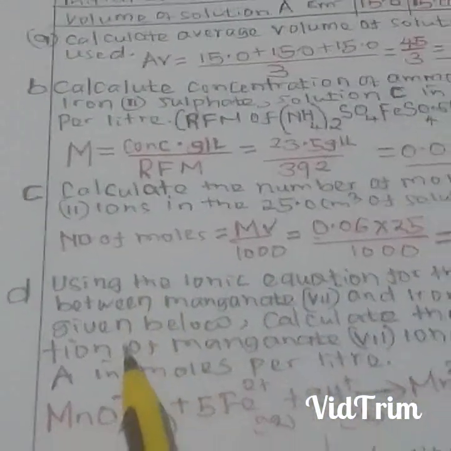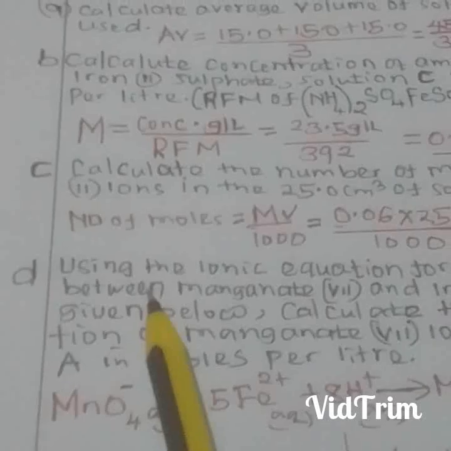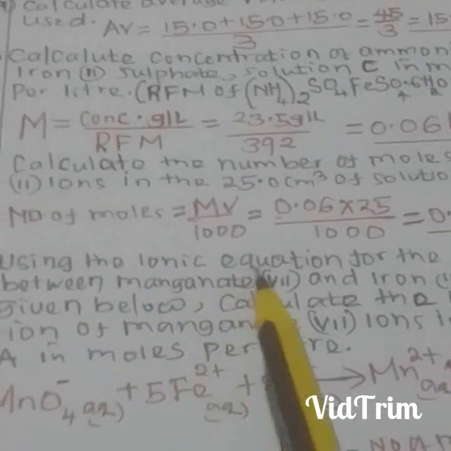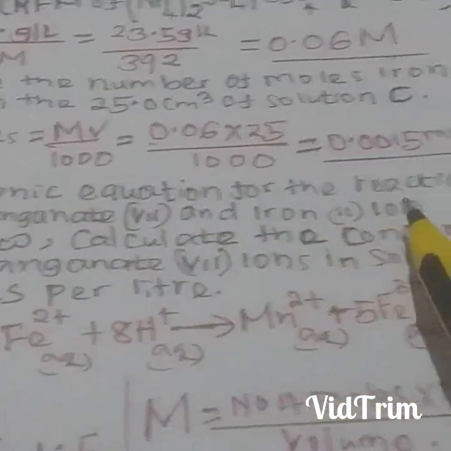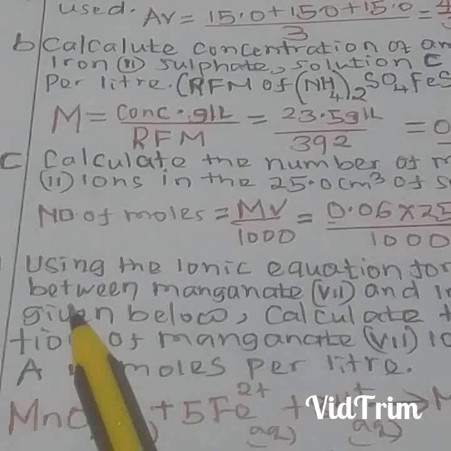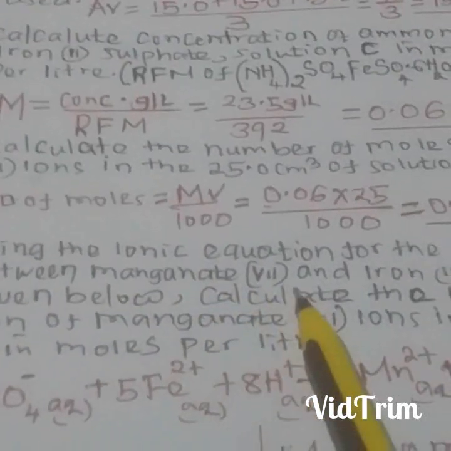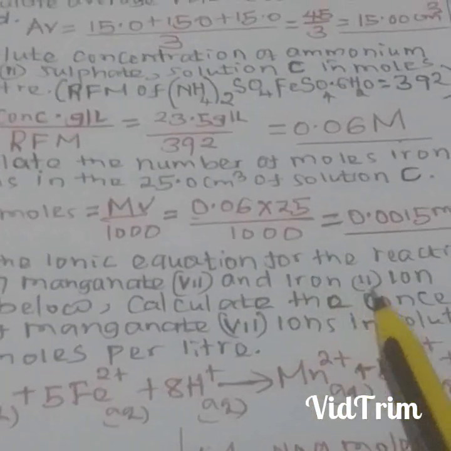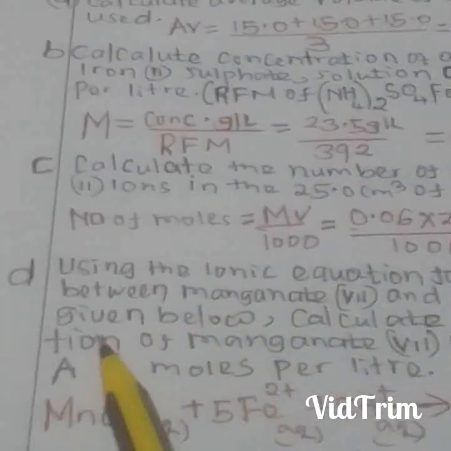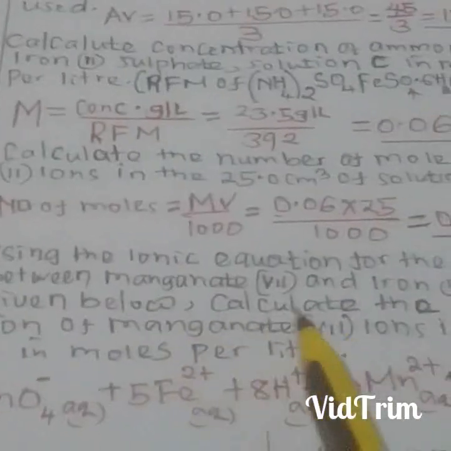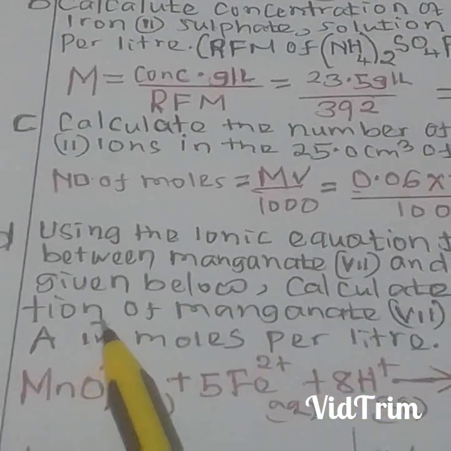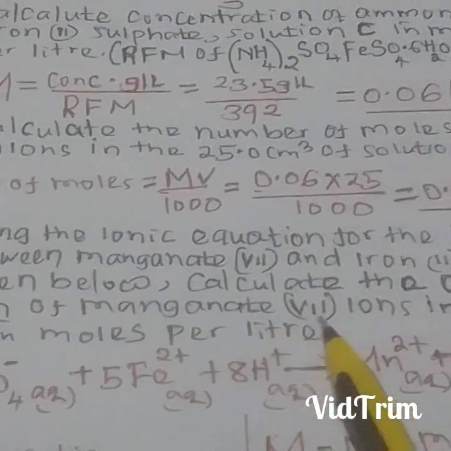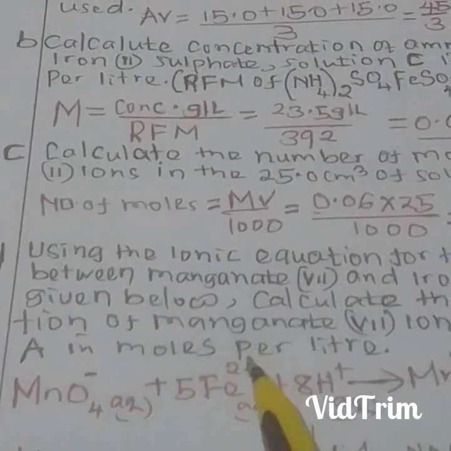Then let us move to question D, which is the last question. Using the ionic equation for the reaction between manganate 7 and iron 2 ions, which is given below, you calculate the concentration of manganate 7 ions in solution A in moles per liter.